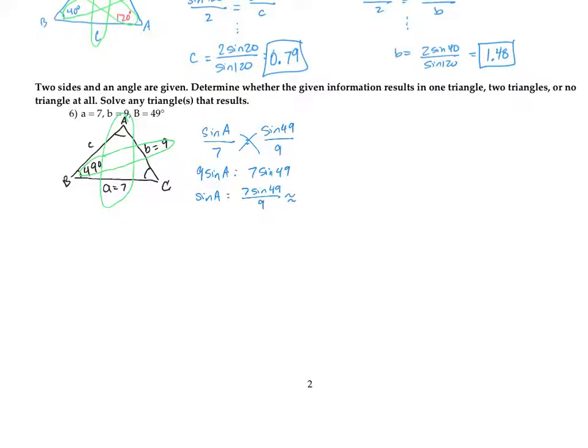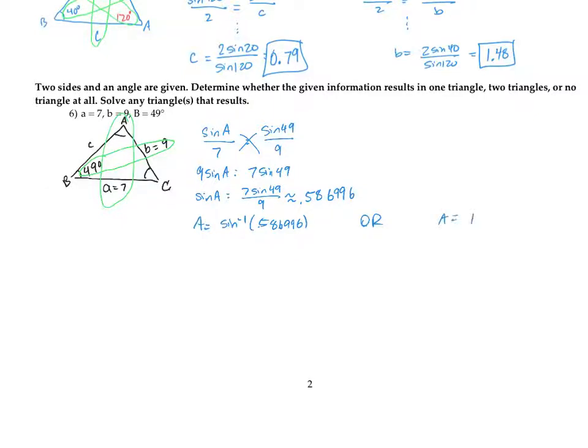Throwing that in my calculator gives me 0.586996. I'm going to go several decimal places since I'm going to use this for a calculation. So A is going to be the sine inverse of 0.586996.